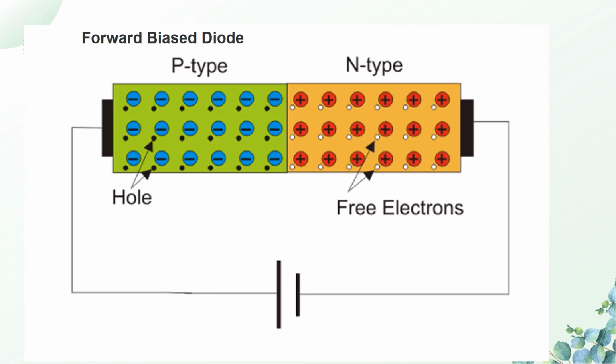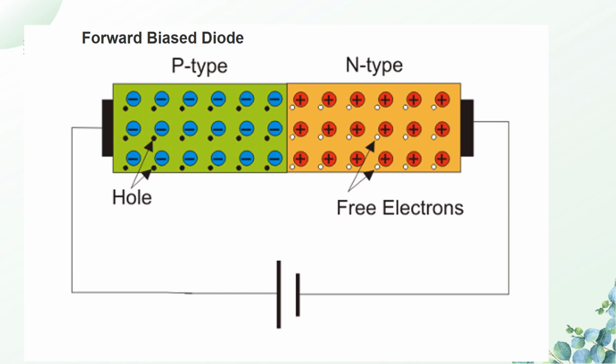Next, let's see what will happen when forward biasing is given to the diode. Forward biasing means the positive terminal of the battery is connected with the p-type semiconductor and the negative terminal of the battery is connected with the n-type semiconductor.